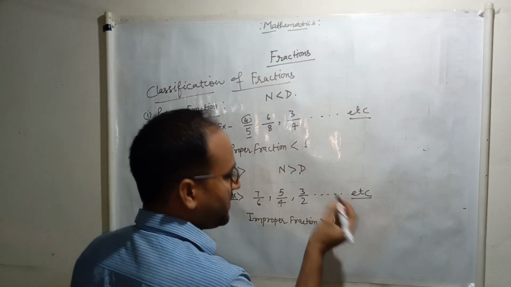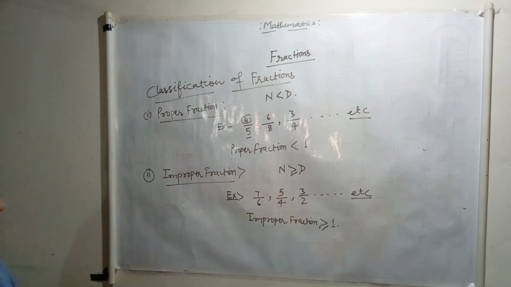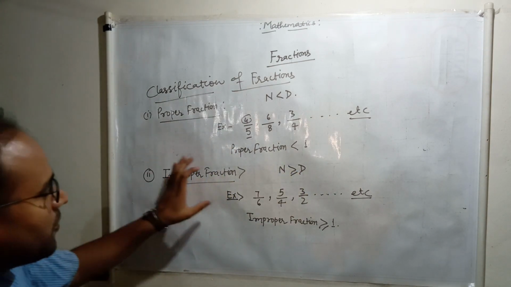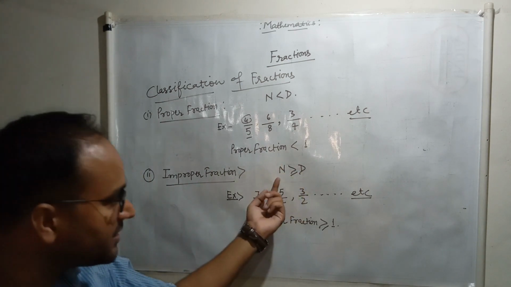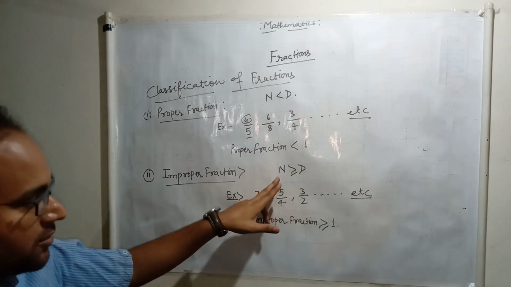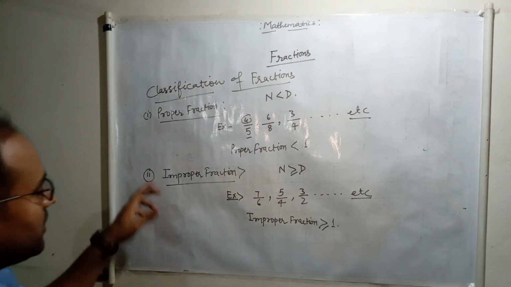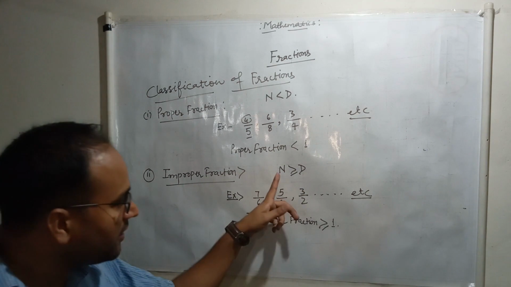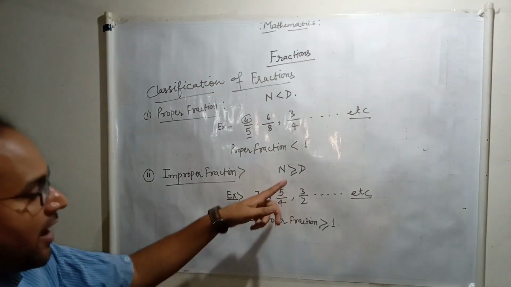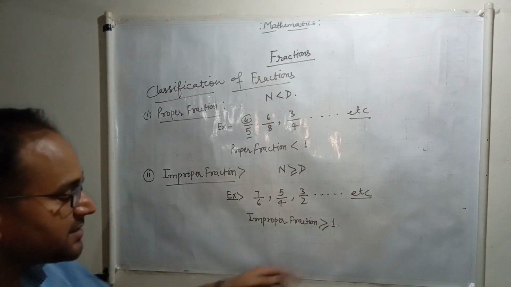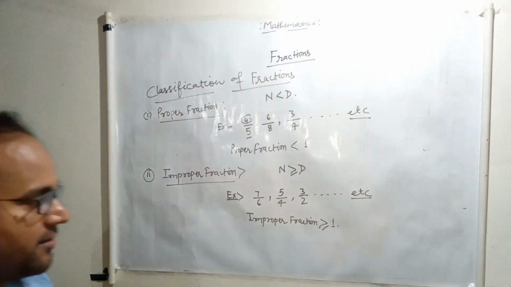It means sometimes it is written as greater than or equal to: the numerator is greater than or equal to the denominator. This case is also involved in the improper fraction. So an improper fraction is greater than or equal to 1.